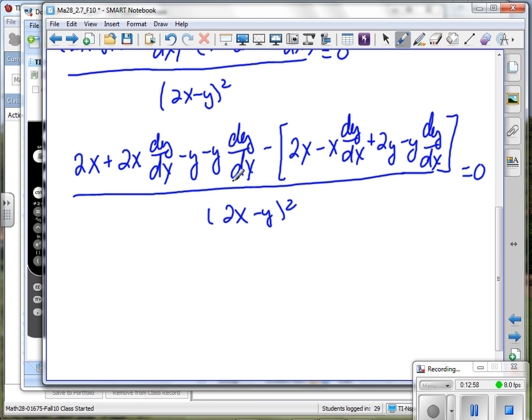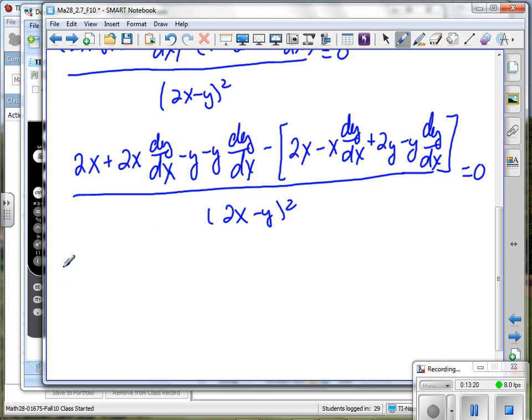Okay, so if I take away the brackets, can I do that without rewriting that whole numerator again? Can we keep track? This is negative, this is positive, this is negative, this is positive. Okay, so here's a dy dx term, here's a dy dx, here's a dy dx, and here's one.